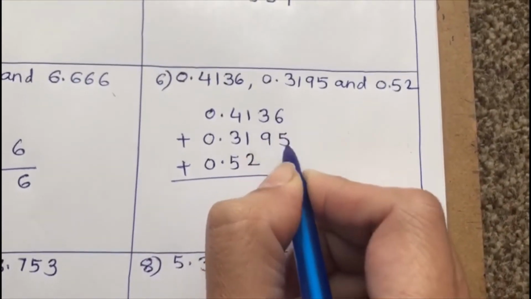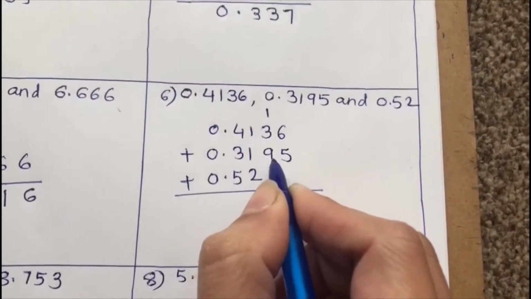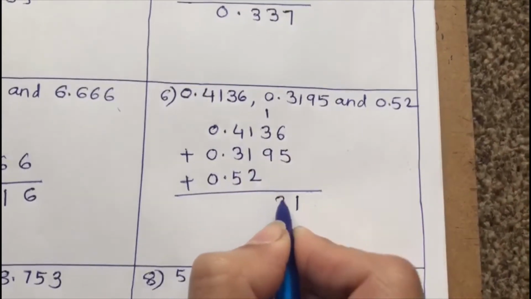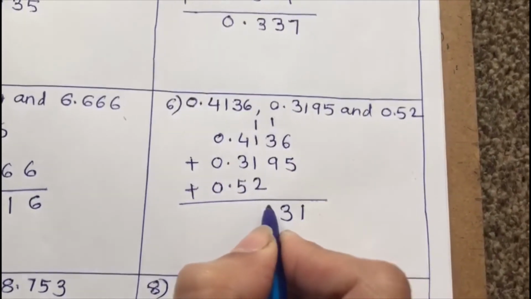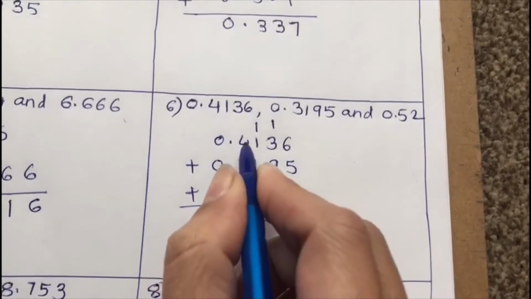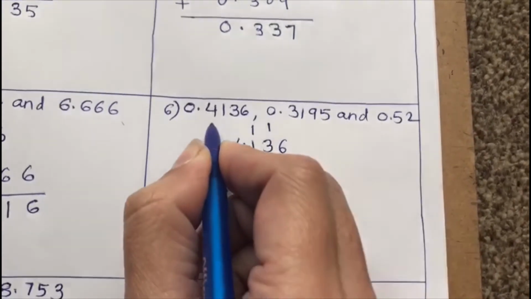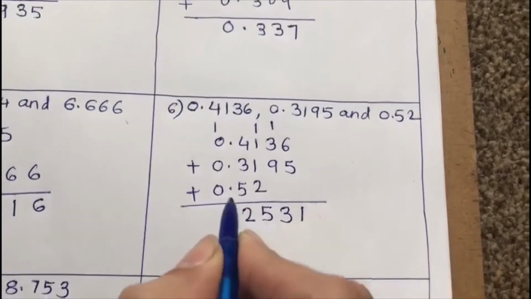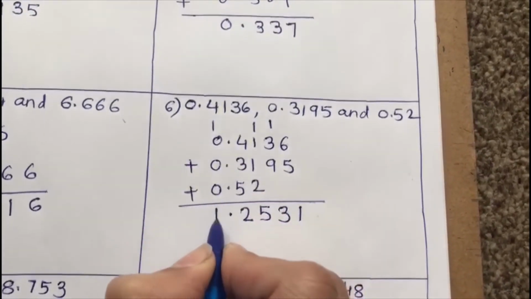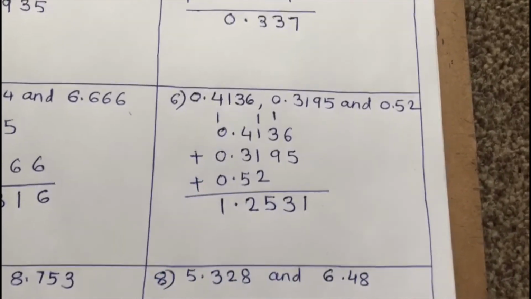So here 6 plus 5 is 11, carry 1 here. 10 plus 3 is 13, carry 1 here. 2 plus 3 is 5. 4 plus 3 is 7. 7 plus 5 is 12. So carry 1 here and give the decimal point below all these decimal points. And 1 plus 0 is 1. So it gives the answer 1.2531.